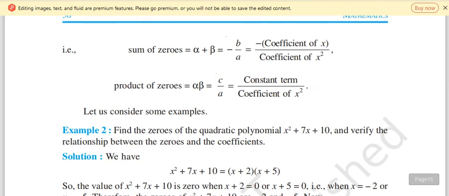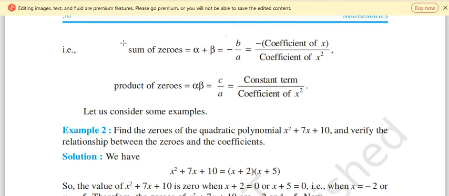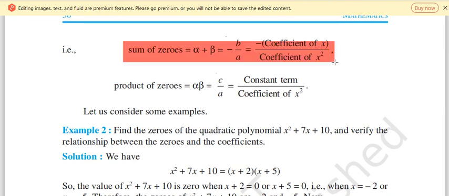Next, the sum of the zeros, alpha plus beta, equals minus b by a, that is, minus the coefficient of x by the coefficient of x square.